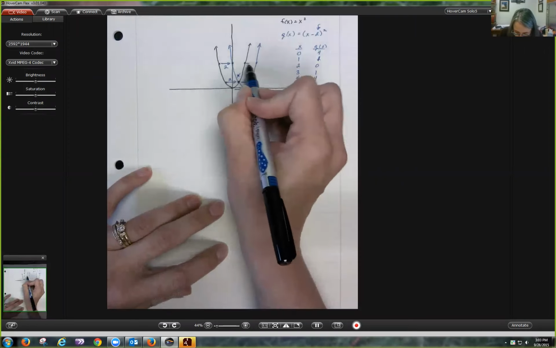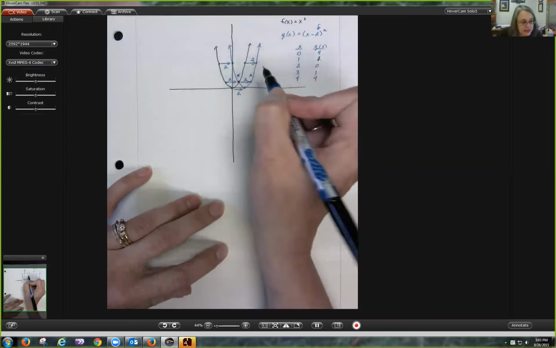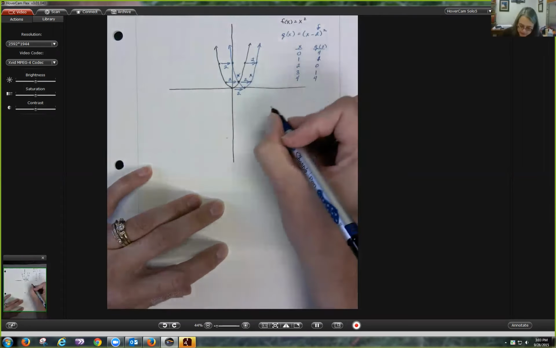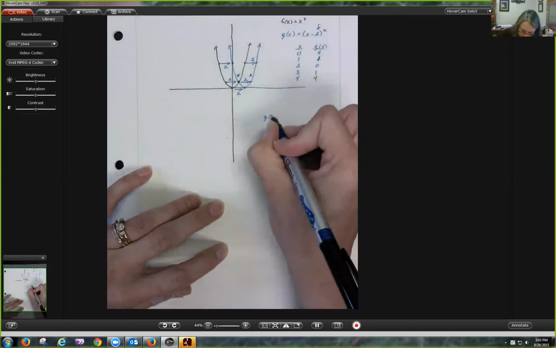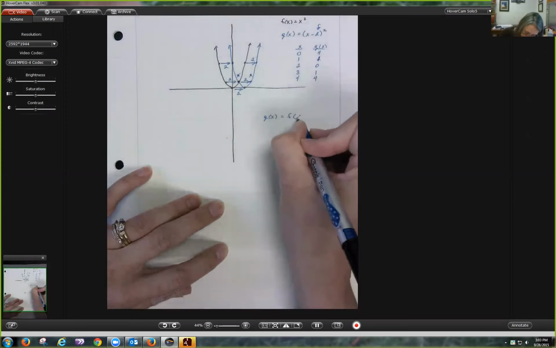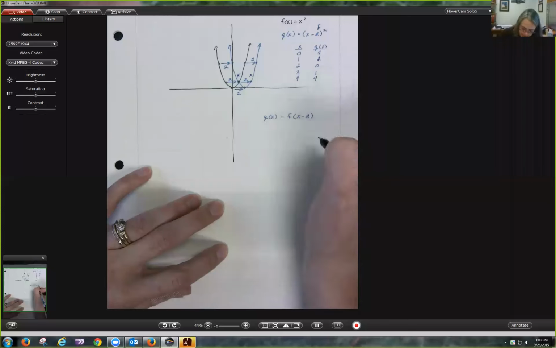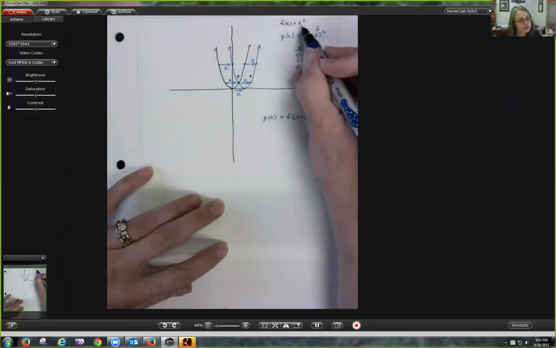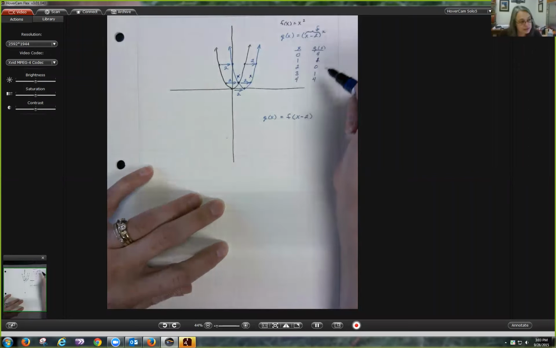So on and so forth. This is what I call an adding inside. So we can think of g of x as the same thing as f of x minus 2. In other words, f of x was x squared. I replace this x with x minus 2, I will get my function.